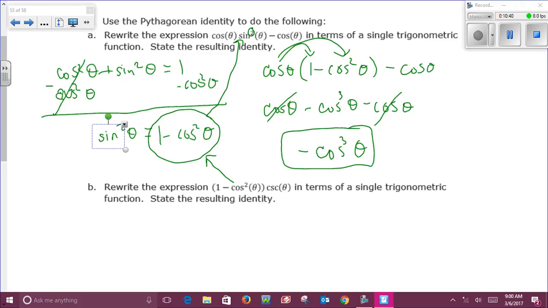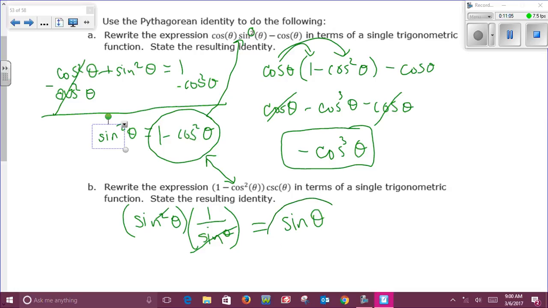So I can make that substitution there: sine squared theta times cosecant, which is 1 over sine theta. So that means that this sine will cancel out with the sine squared. So I'm just left with sine theta for my final answer.